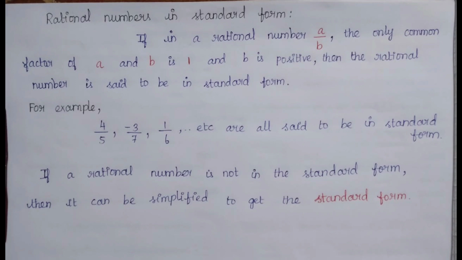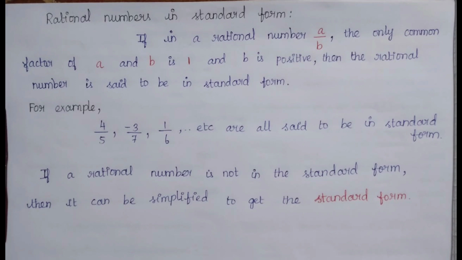Let me see some examples. 4 by 5, minus 3 by 7, 1 by 6, etc. See, 4 by 5, both the numbers a and b have the common factor 1. There is no divisibility between 4 and 5 except 1. And b, that is 5, is positive.